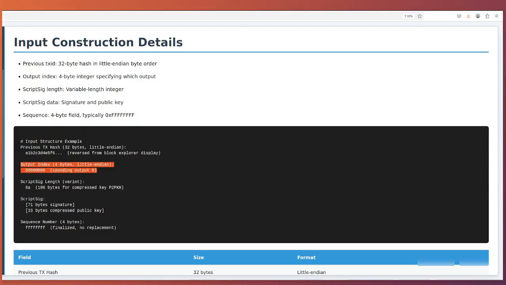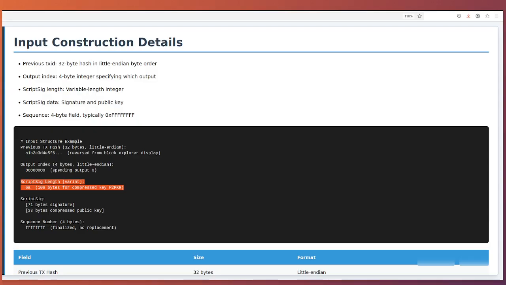The ScriptSig length is encoded as a variable length integer, or varint. This is an efficient way to encode integers that might be small or large. For values less than 253, it is a single byte. For values from 253 to 65,535, it is 0xFD followed by 2 bytes.